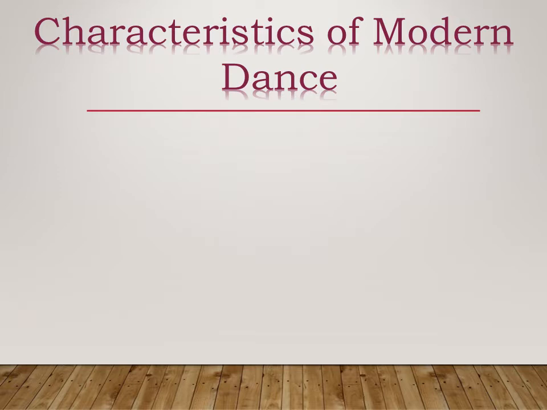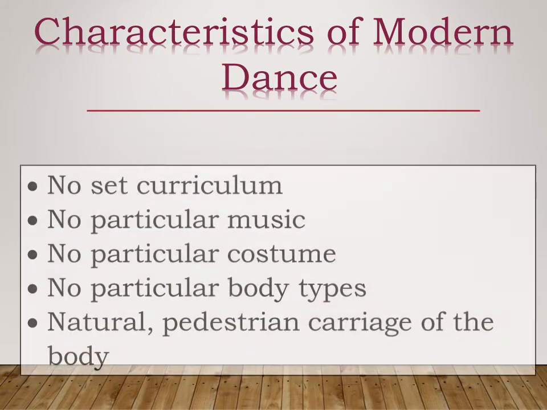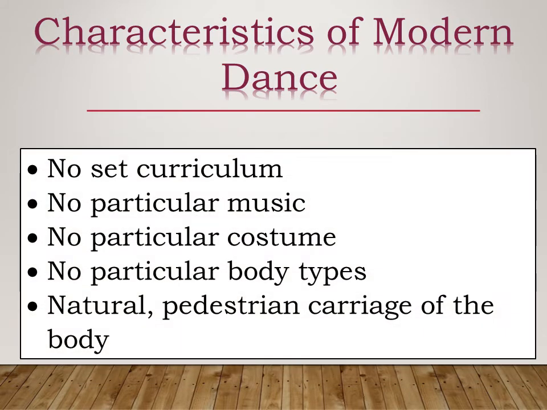Characteristics of modern dance. Modern dance has no set curriculum, no particular music, no particular costume, no particular body types. It is a natural, pedestrian carriage of the body.